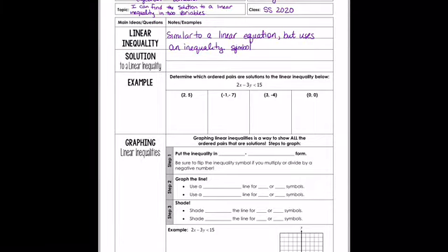So instead of an equal sign, you're now going to see that inequality symbol. The solution to a linear inequality is going to be all of the ordered pairs that make the inequality true.